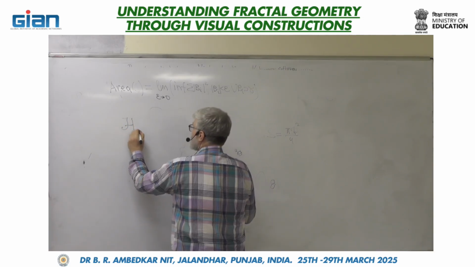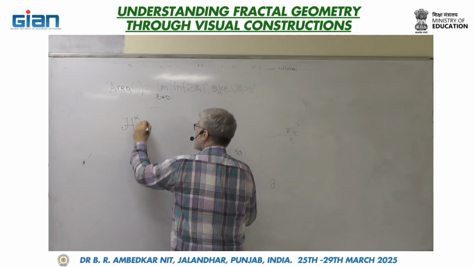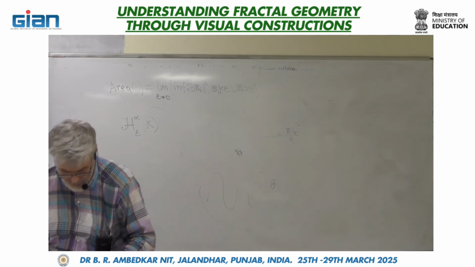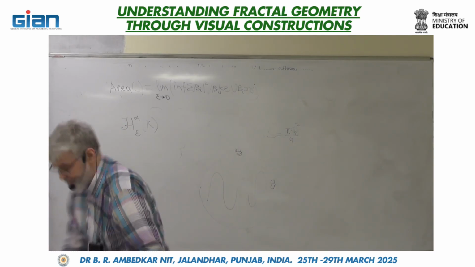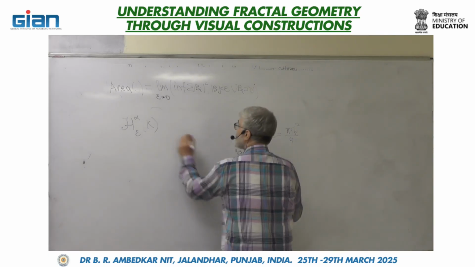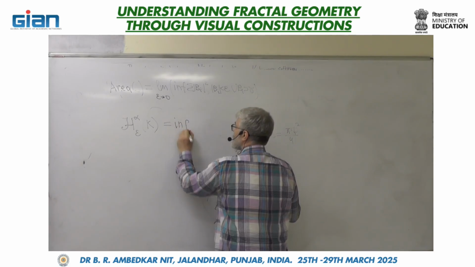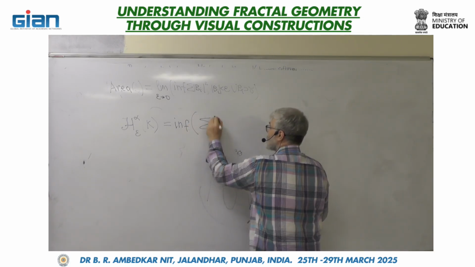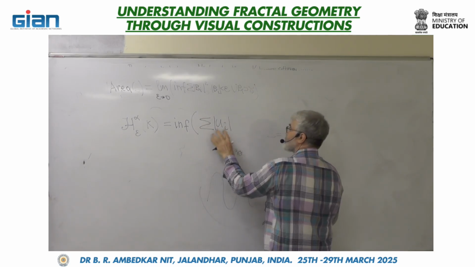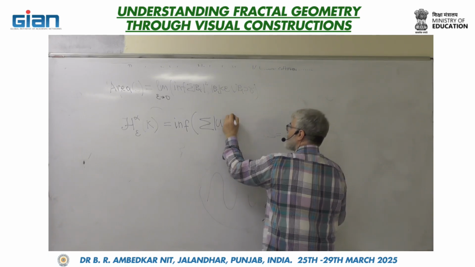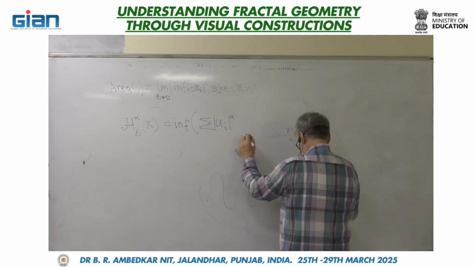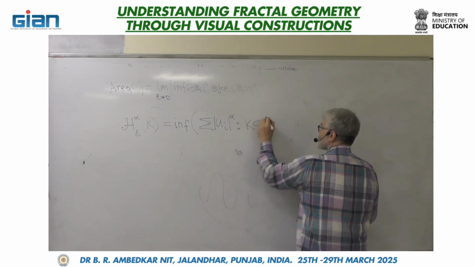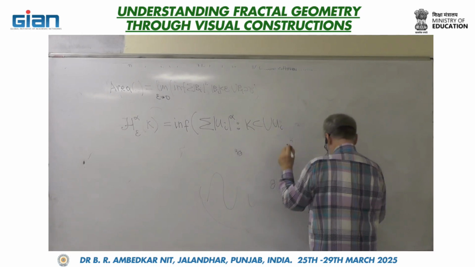He defined the epsilon alpha dimensional Hausdorff content of K as a lower bound of sums of diameters of the sets U_i covering K. Yes, so I will write it: K belongs to the union of U_i, right?